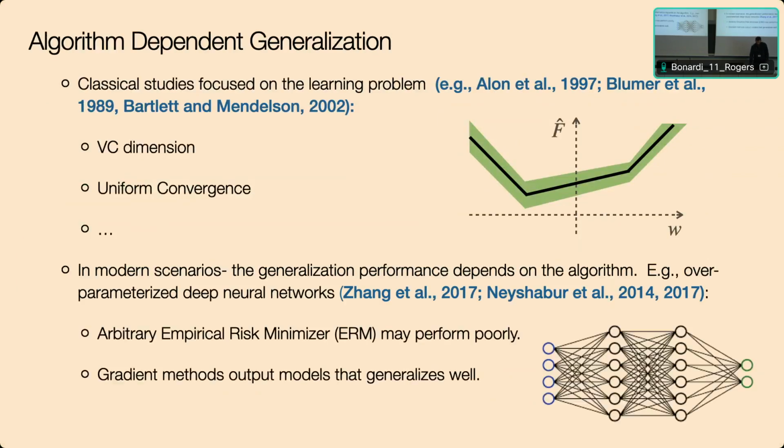However, we know that in modern scenarios like deep neural networks, the generalization depends on the algorithm. If we use a particular ERM, an arbitrary ERM may perform poorly, but if we train with gradient methods, most of the time the algorithm will output models that generalize well.